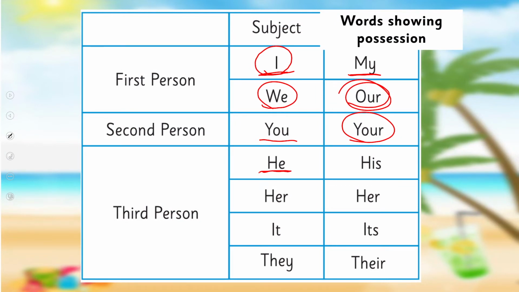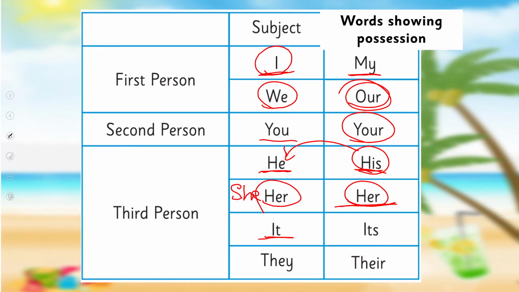He is my brother. This is his bike. So his is used for a male owner, okay? She is my sister. This is her pen, right? So her shows a female owner, right?